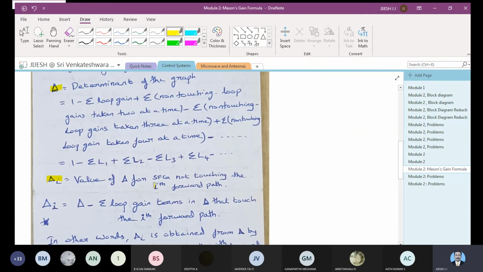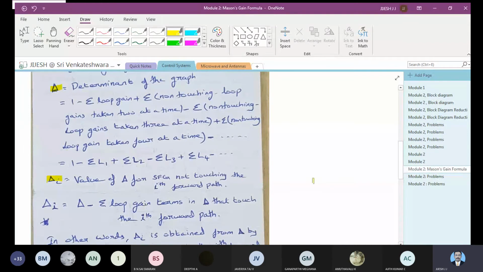When you go with specific 1 or 2 or 3 loops, it becomes easy to understand. So if you take the ith forward path, there should be no touching of the ith forward path. Then it is called delta I, or delta I can also be written as delta minus summation of loop gain terms in delta that touch the ith forward path.